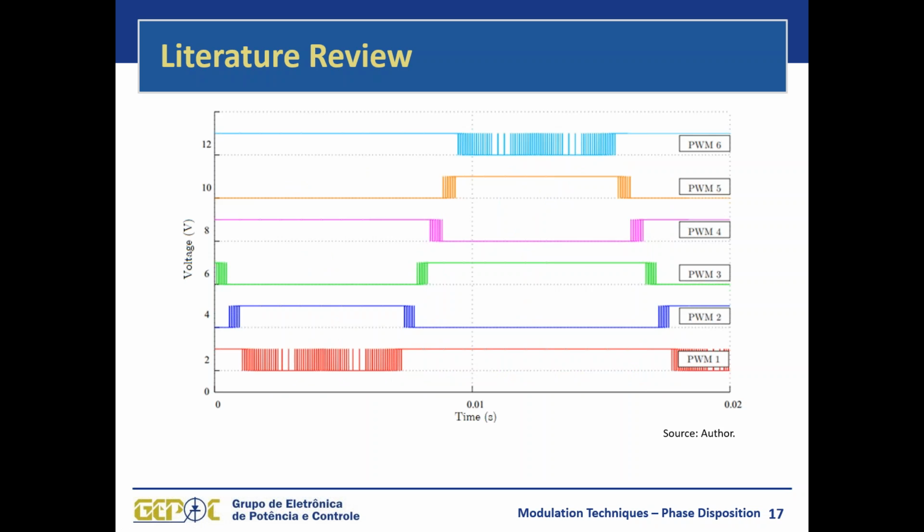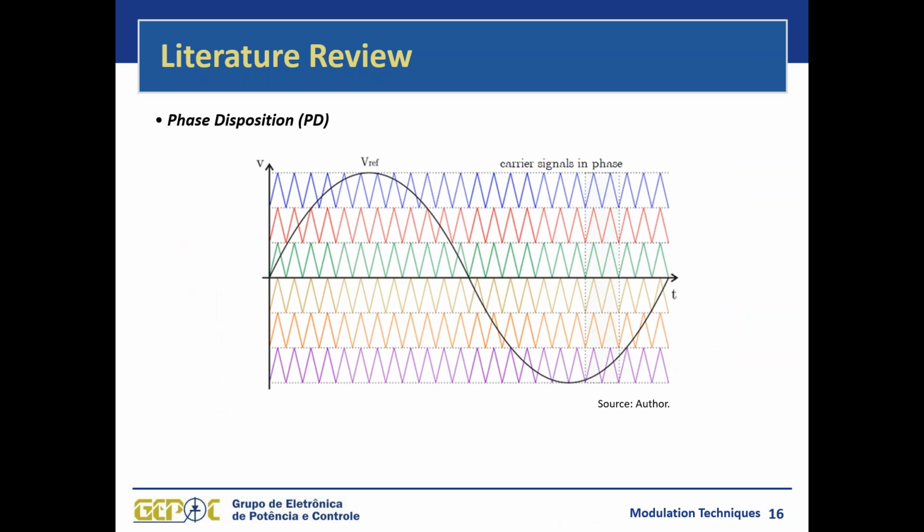The problem when we use phase disposition in this classical approach is that each one of the converter cells, and consequently the semiconductor devices of the cells, will switch with different frequencies. So each one of the switches will commutate just when the reference or modulating voltage passes through its associated carrier.